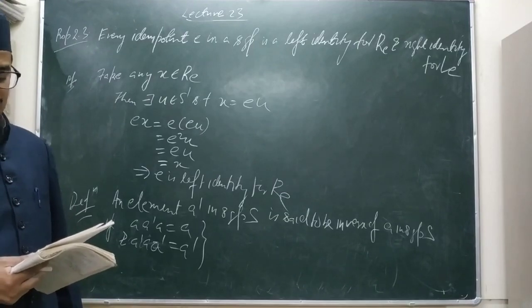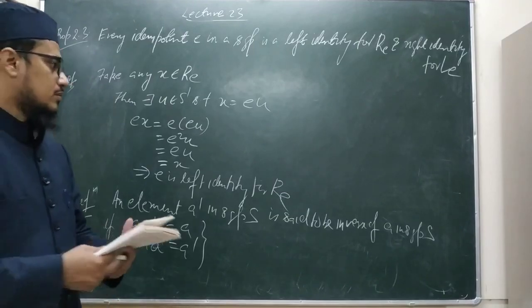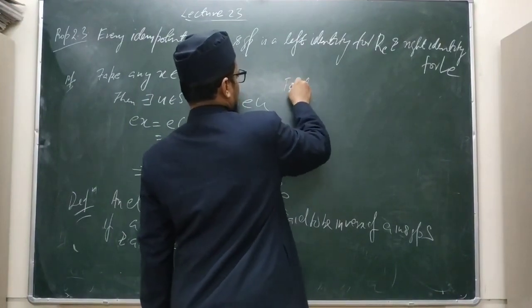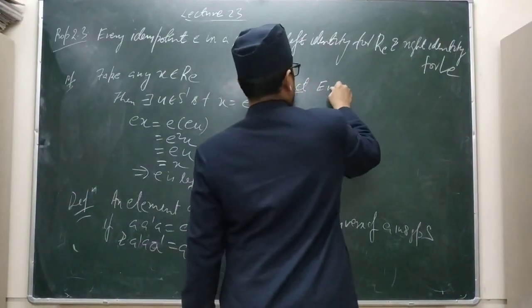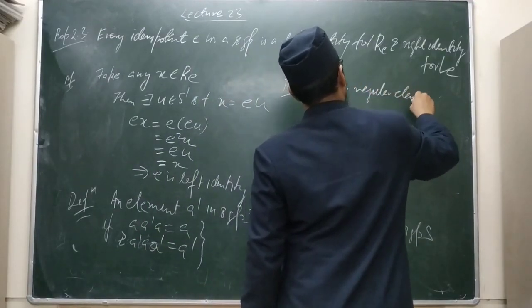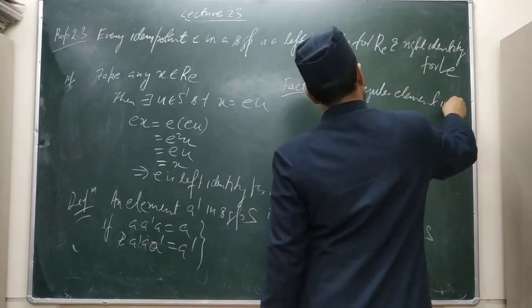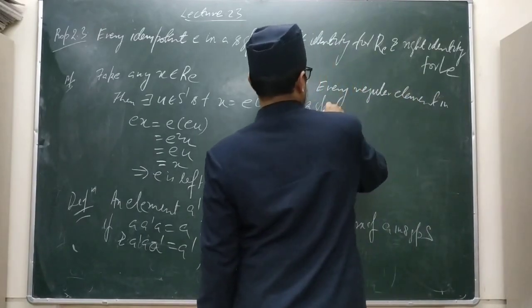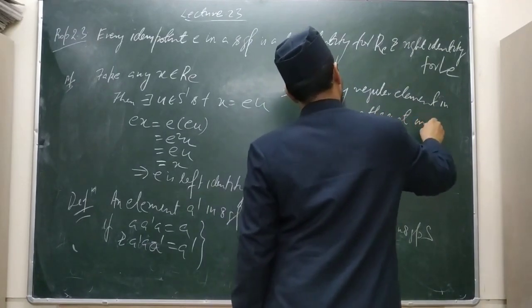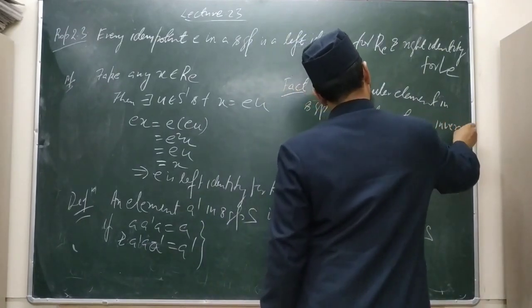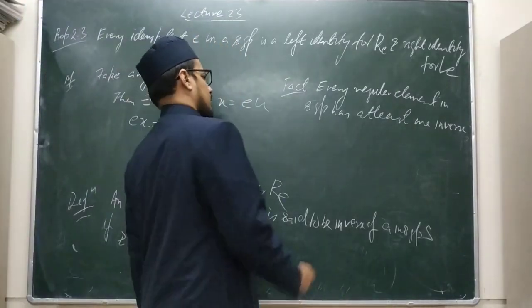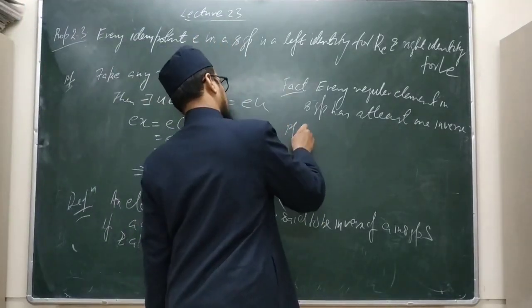Now the remark is that every regular element has at least one inverse. Write down as a fact: every regular element in semigroup has at least one inverse. Correct. Proof.